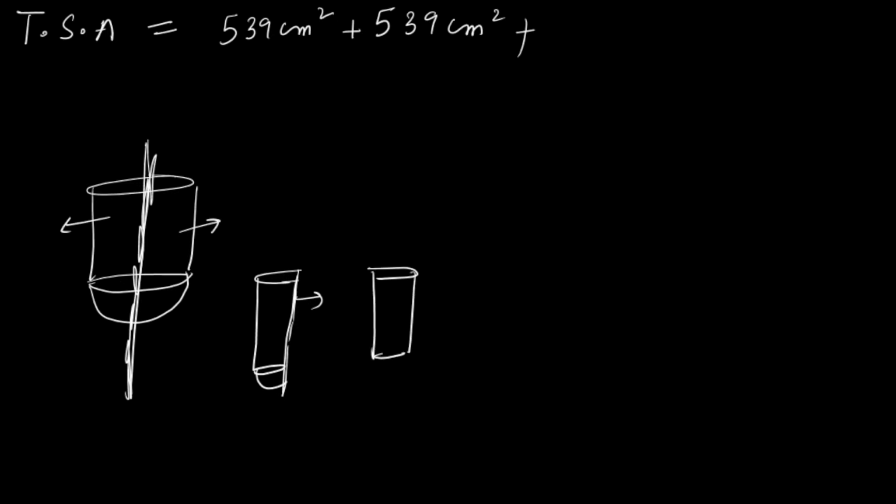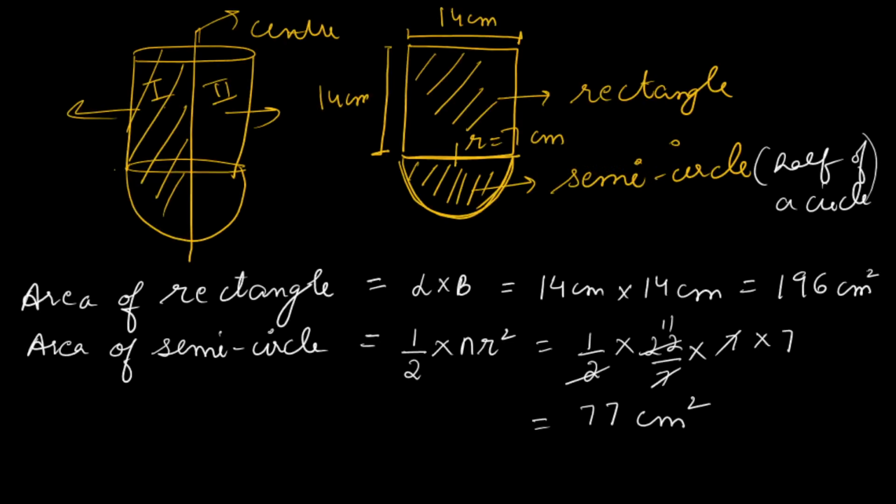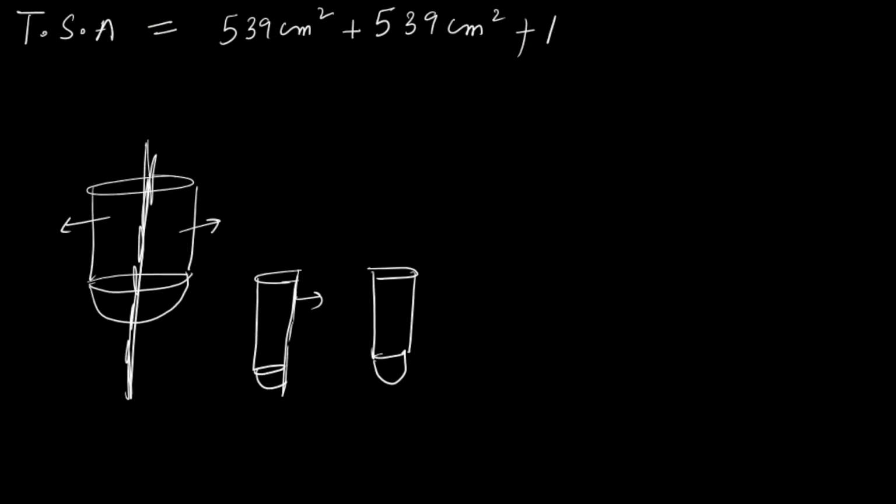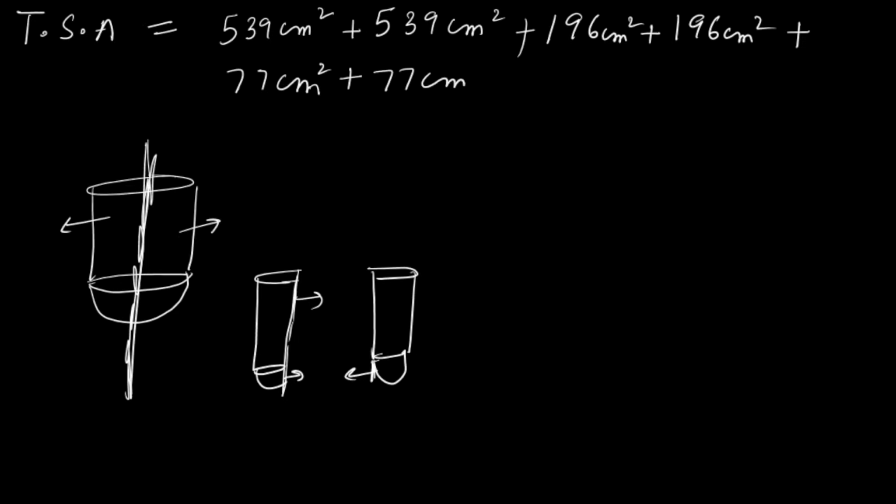So that area also we have found. The area of a rectangle is 196, but we have two rectangles, so this is 196 centimeter square plus 196 centimeter square. Also at this part we have two semicircles. The area of one semicircle is 77, so if I add, it will be 77 centimeter square plus 77 centimeter square.